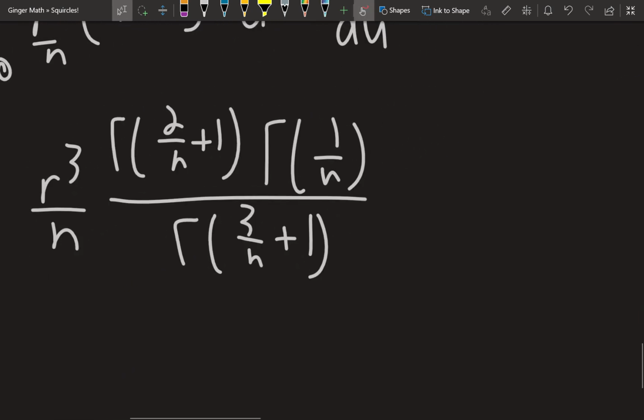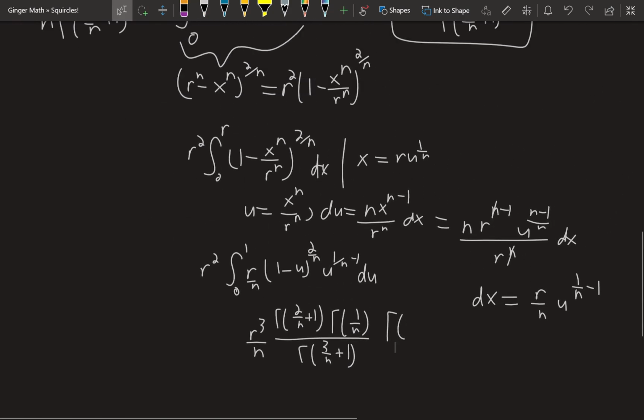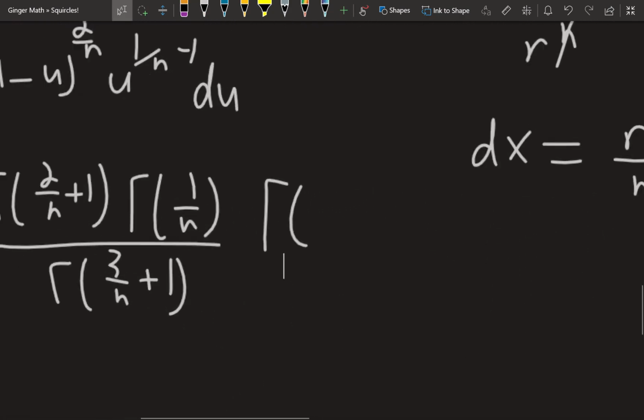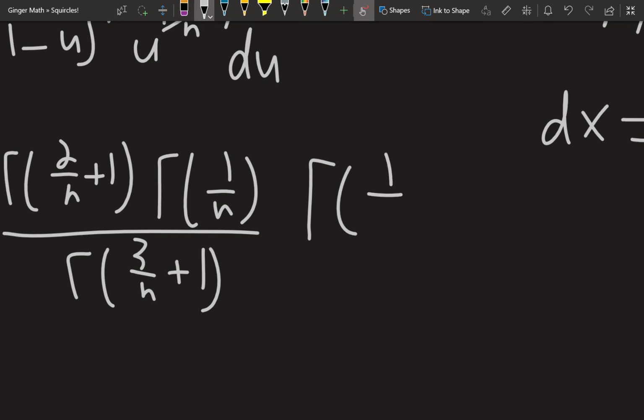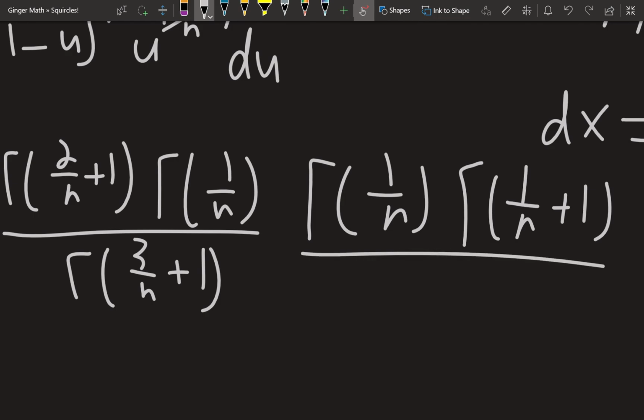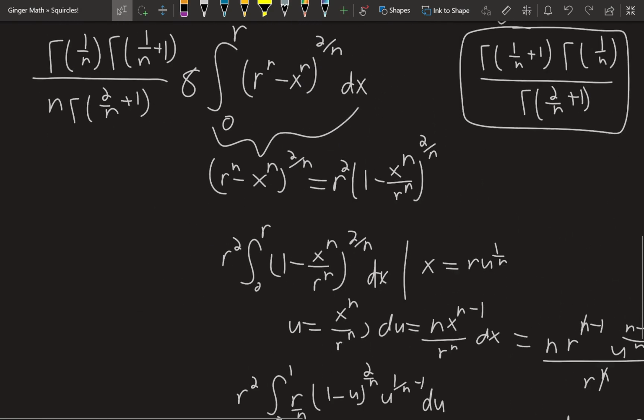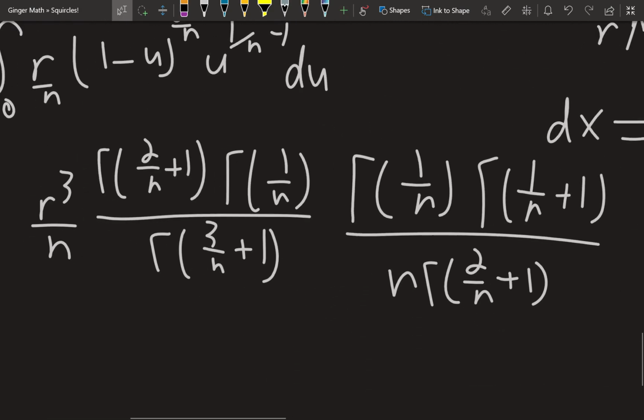So I'm just going to add that in here. Rewriting it twice would be a whole lot. So we have gamma of 1 over n times gamma of 1 over n plus 1 over gamma of 2 over n plus 1. Then we had an extra n as well. Okay.